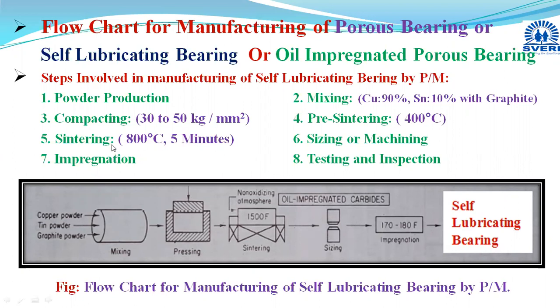And during this heating, what will happen? Diffusion will start. We have a mixture of copper and tin. Then these tin particles start melting. They will get converted into liquid stage, and that molten liquid tin material will get diffused on the copper.